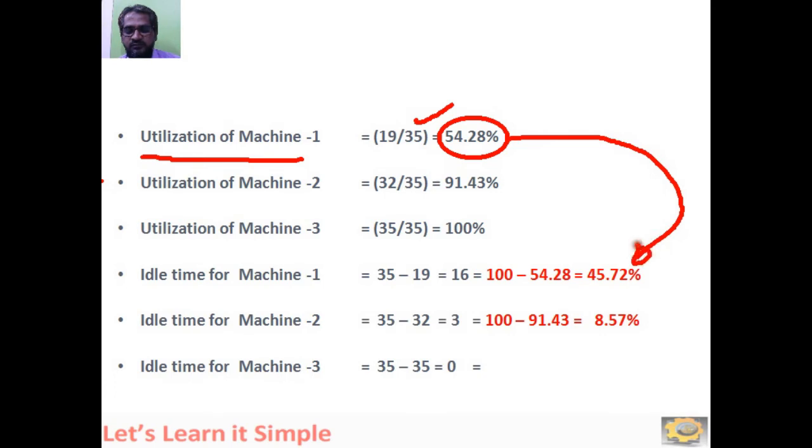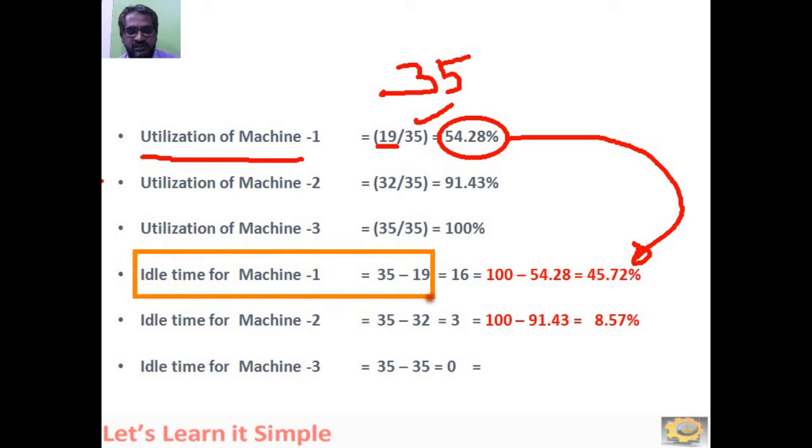Till 35, we are in the process of completing all the jobs in all the machines, but machine 1 completes all the process within 19 time units itself. Therefore, the idle time for machine 1 is 35 minus 19, which is 16, or in terms of percentage it is 45.72%.